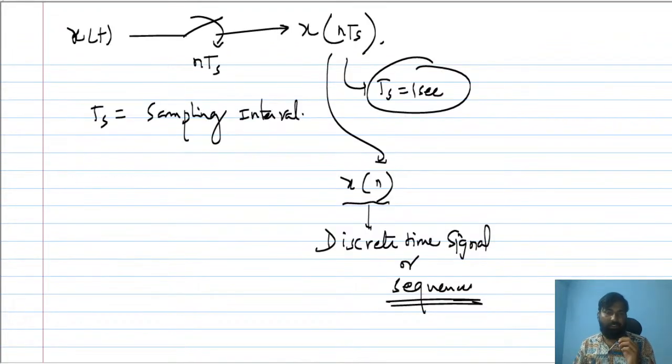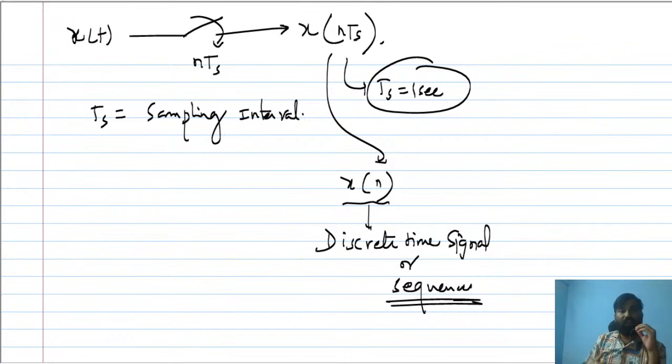How do we get a discrete time signal? How do we get a discrete time sequence from the continuous time signal? We always pass it through a sampler. And what kind of operation do we perform? The sampler performs the sampling operation. What is sampling? Sampling is nothing but discretizing the time.